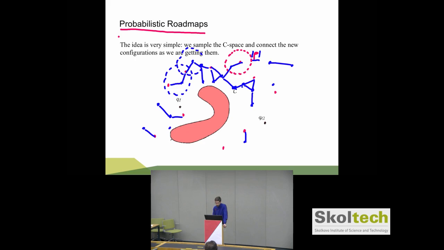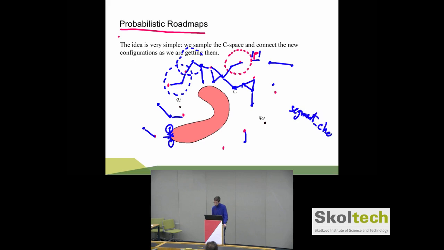Imagine you sample here, and then you have this that is in collision. So maybe instead of just checking collision at each of the points, maybe you want to check the center point, or you want to check the segment.